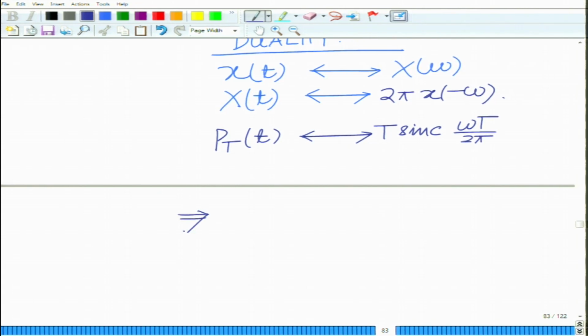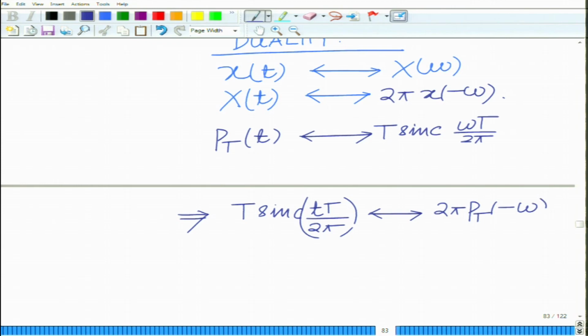Now, using duality it follows that if I replace omega by t, that is, t sinc(t t over 2 pi), this has the Fourier transform 2 pi p_t(minus omega).